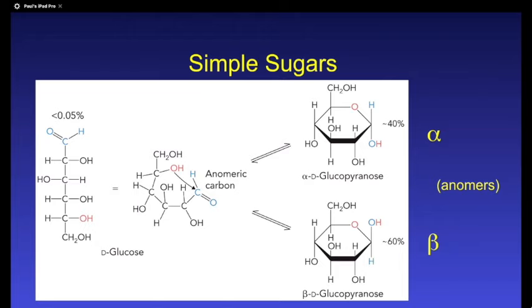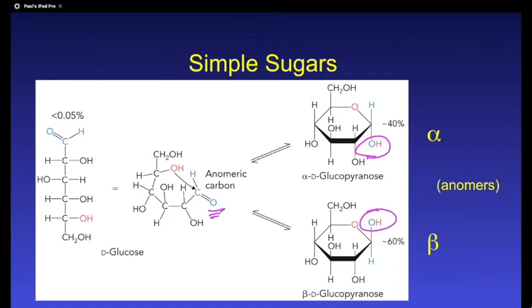Here, we take a look, and the difference between these 2 are called anomers. What's the only difference? The position of that hydroxide. And this hydroxide, either right here or right there, was that ketone oxygen. Okay? It can either be above the ring or below the ring.